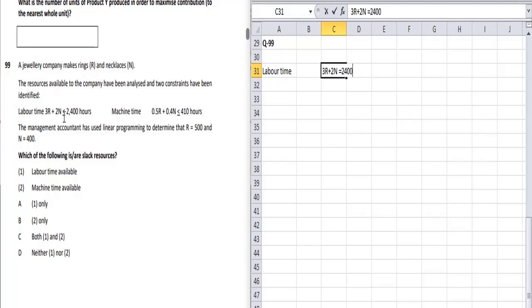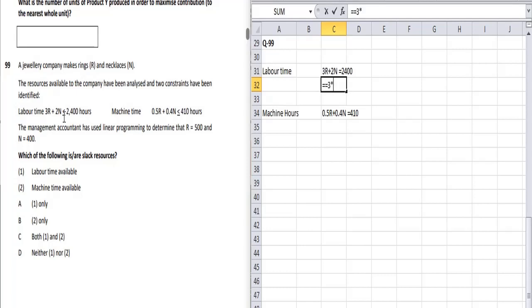So 2,400 hours, and the other is machine hours, 0.5r plus 0.4n equal to 410 hours. Now we have an optimum production plan calculated by the management accountant using linear programming, so we don't need to calculate it again.